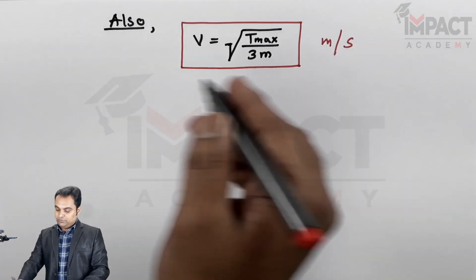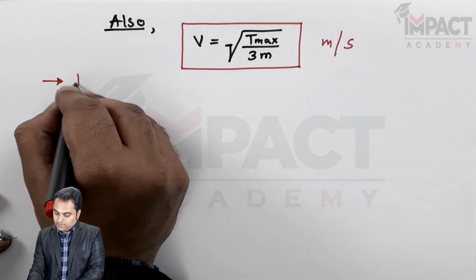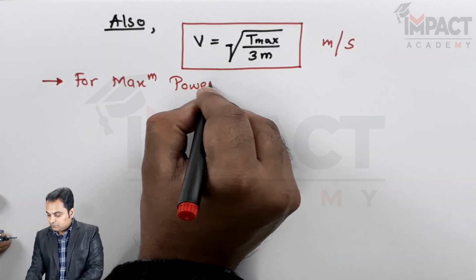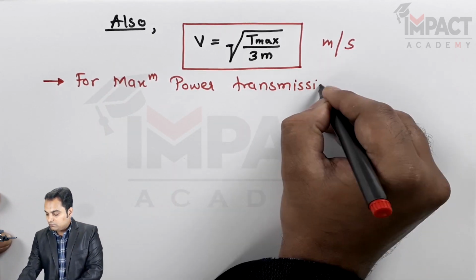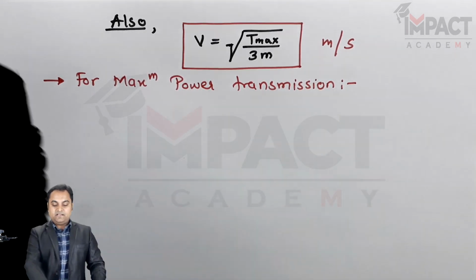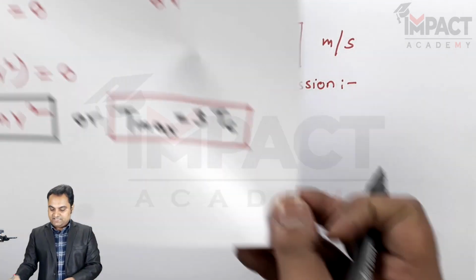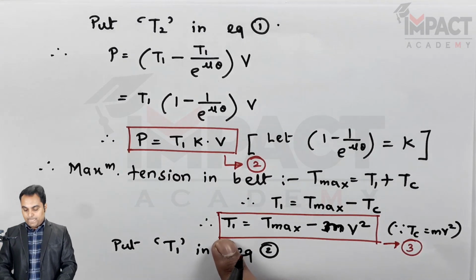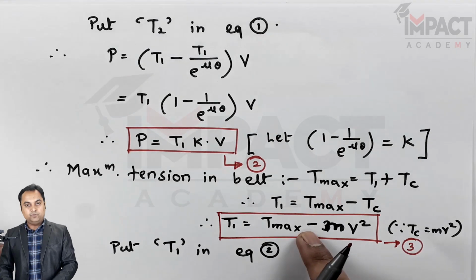So I am going to write down that for maximum power transmission, we know that Tmax is 3 times Tc, which is the centrifugal tension, and in equation number 3 we have T1 in the form of Tmax, so I'll put the value here.